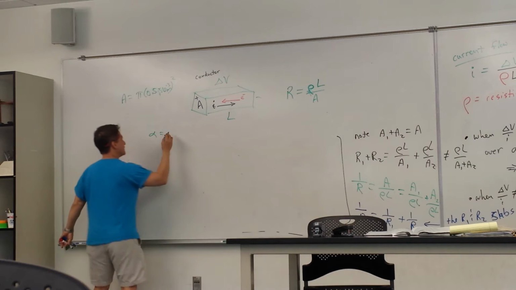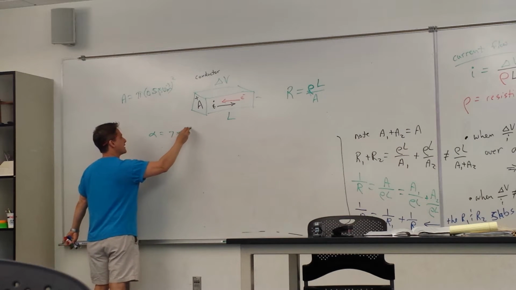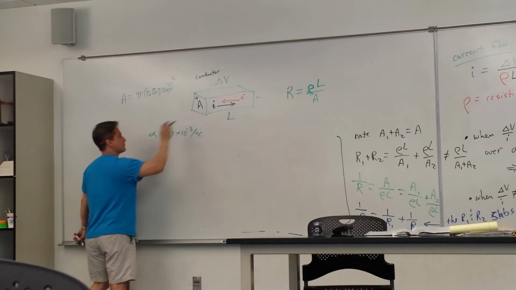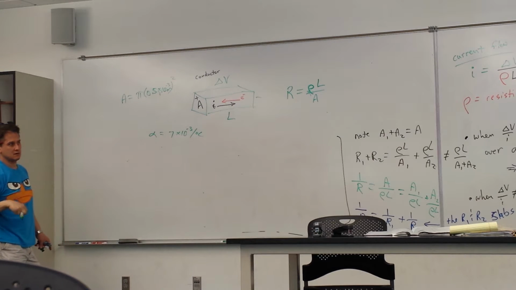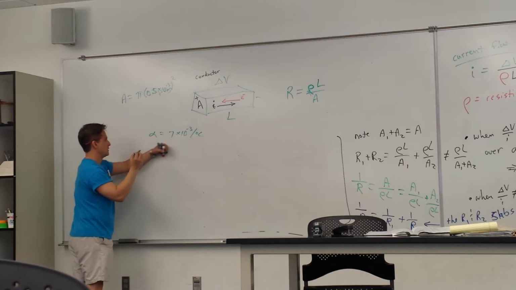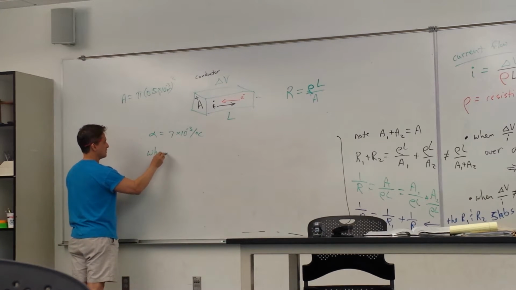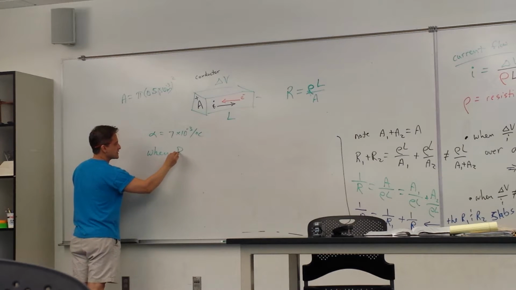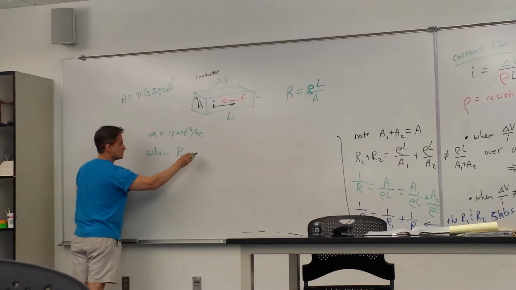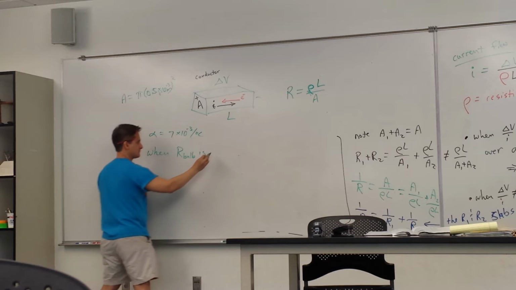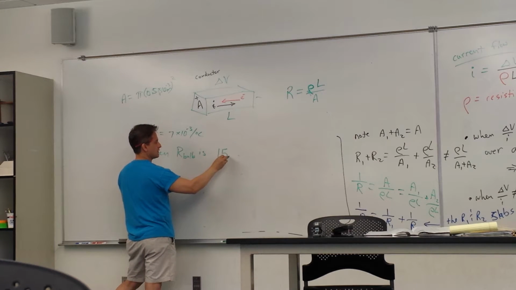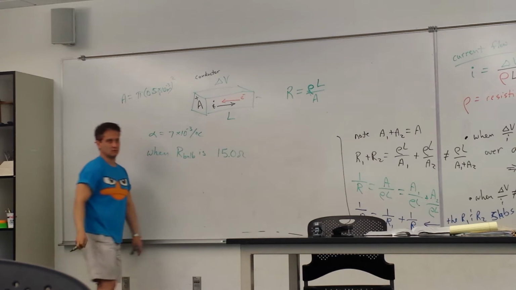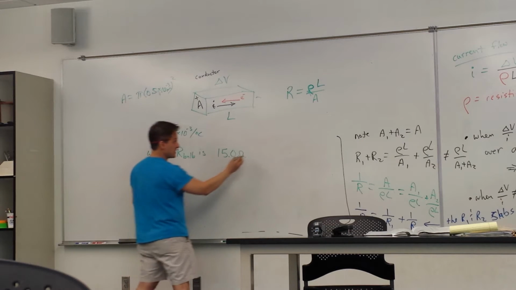So let's make alpha about 7 times 10 to the negative 3rd per degree Celsius. When the resistance of this bulb is 15 ohms, what is T?